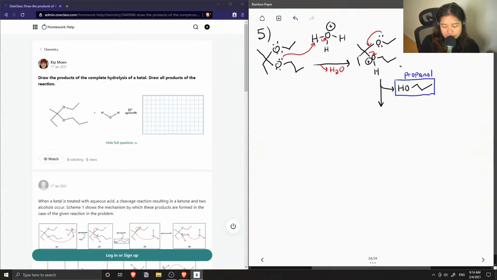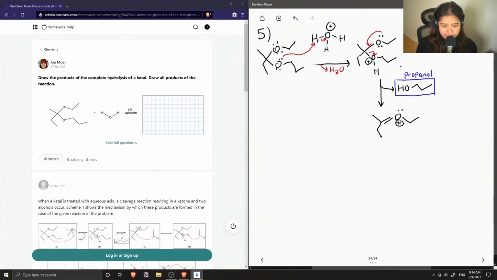Okay, so after this propanol is formed, we still have left over a double bonded oxygen that has a positive charge. And this kind of like side group here, like that.